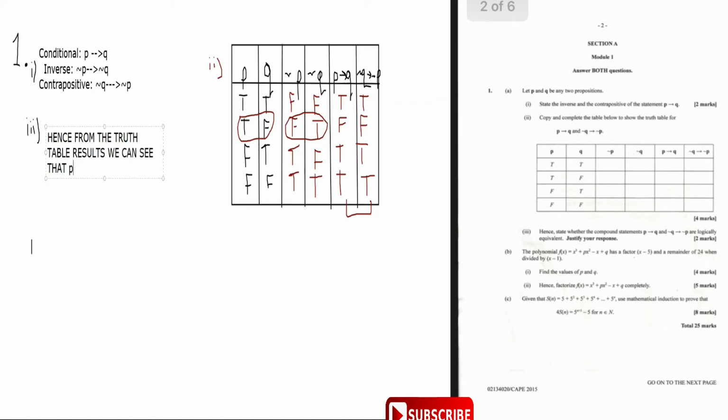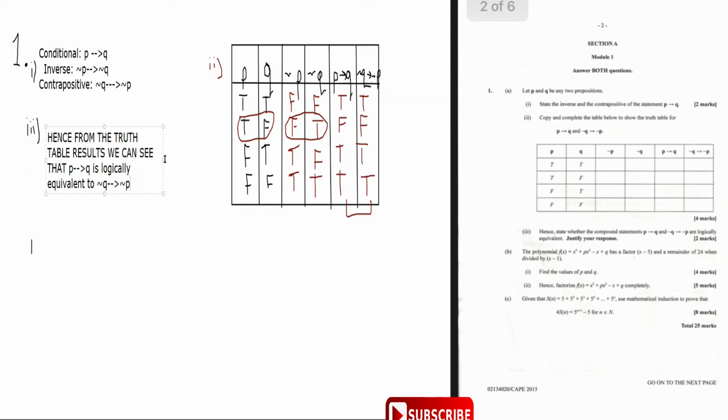P implies Q is logically equivalent to not Q implies not P. Nice and easy.